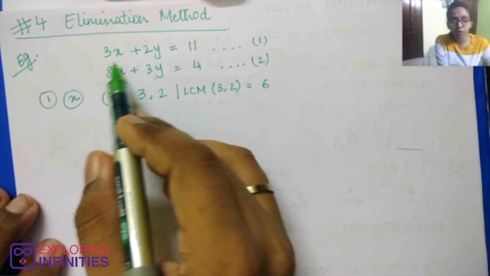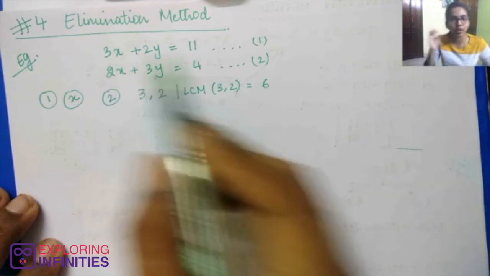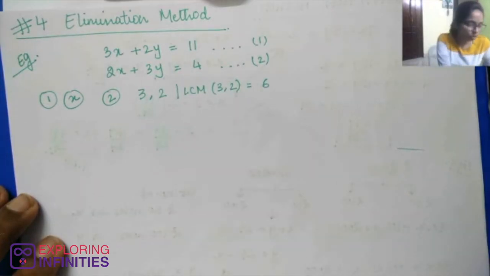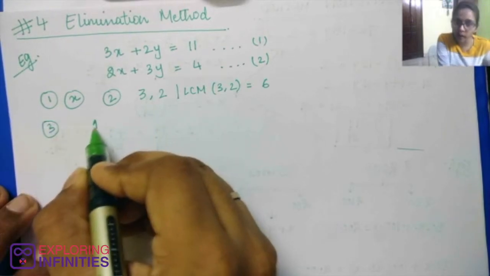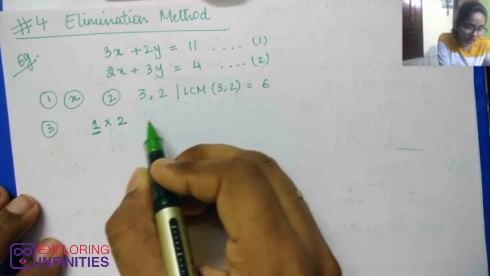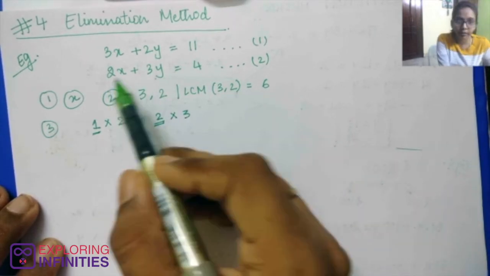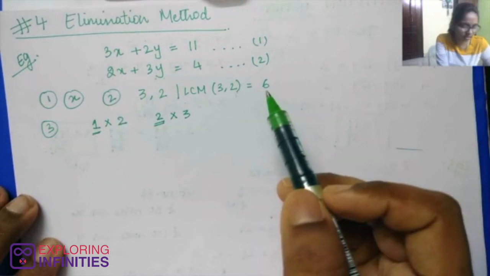I told you when you multiply one part of an equation by 2, you multiply the entire equation by 2, in order to balance the equation. So my third step is I'll multiply my equation number 1 with 2 and equation number 2 with 3. Why? Because I have 2x over here, so I have to make it 6. Obviously 2x multiplied by 3 will give me 6x.